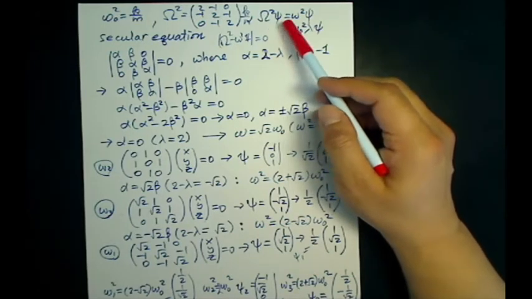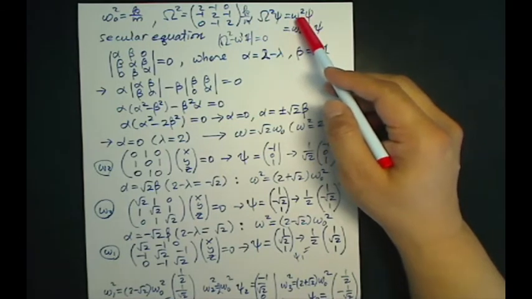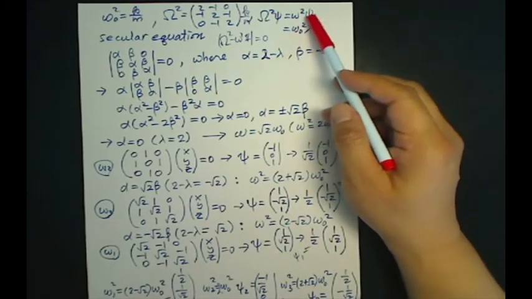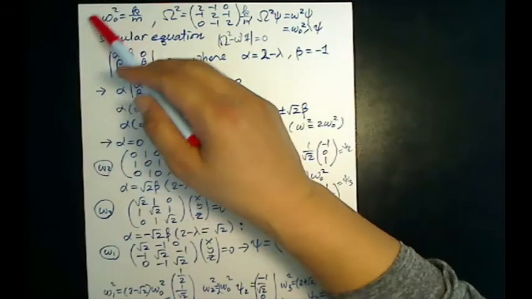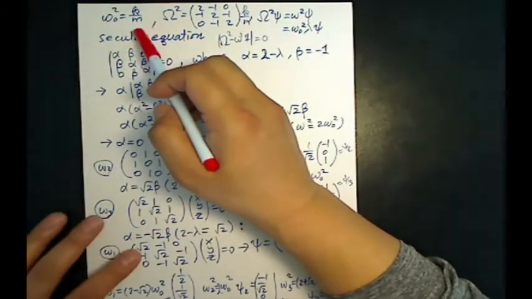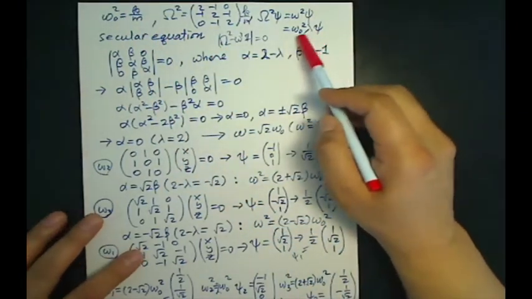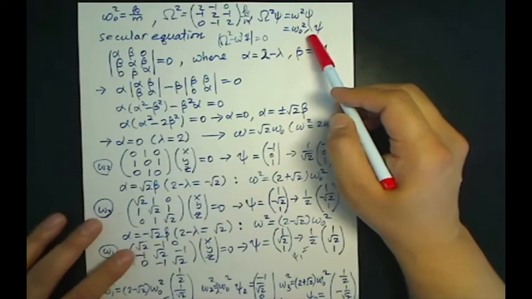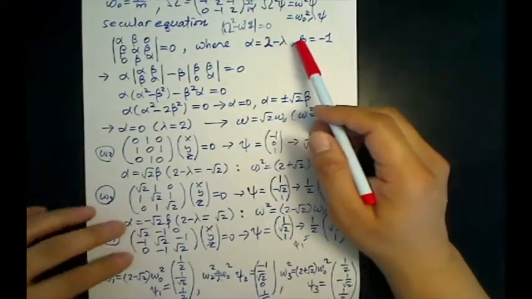Omega square psi equals omega square psi. This small omega, lowercase omega, represents the eigenvalue. And if we scale out this natural frequency squared for the single mass and single spring case, what we find will be omega 0 squared times lambda, where lambda is a scaleless number.